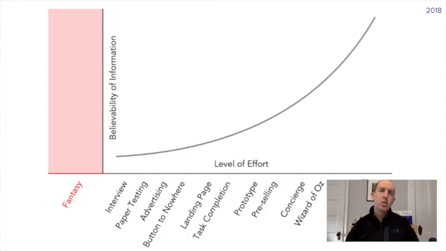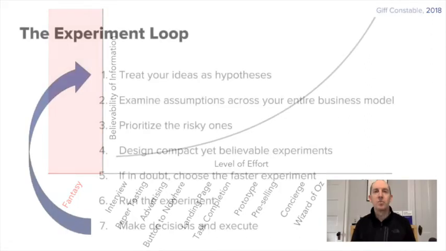And so you can trust what you're seeing there a little bit more. Still not the same thing as live product, but very, very useful and worth doing. So just keep this in mind. As you're designing your experiment, think about where it sits on this curve generally. It doesn't mean one's better than the other. It simply means you have to think about how much judgment you apply to the data that's coming in.